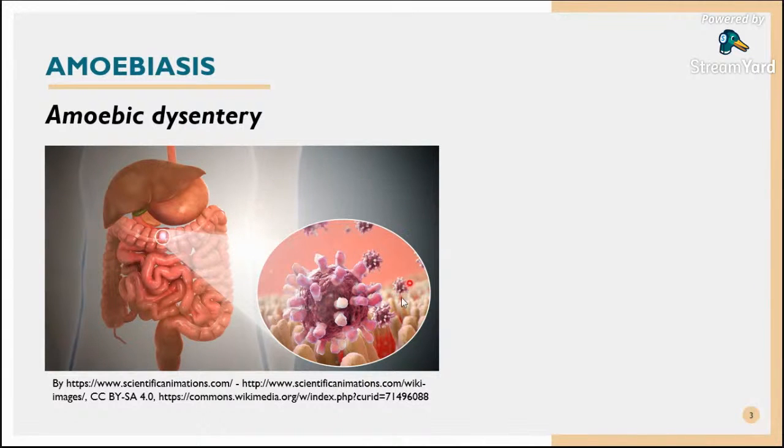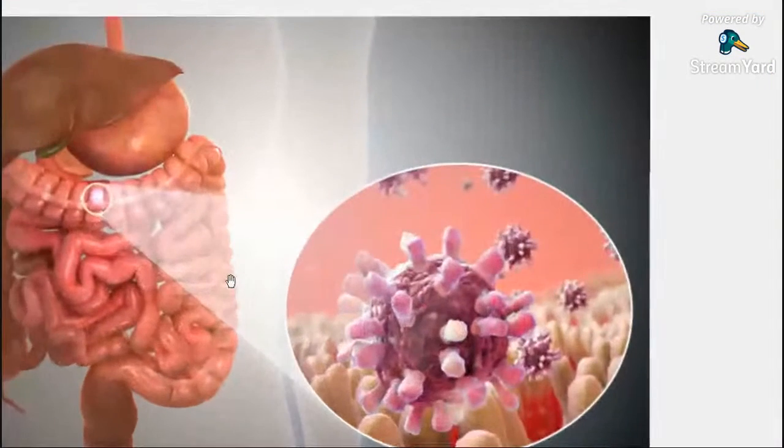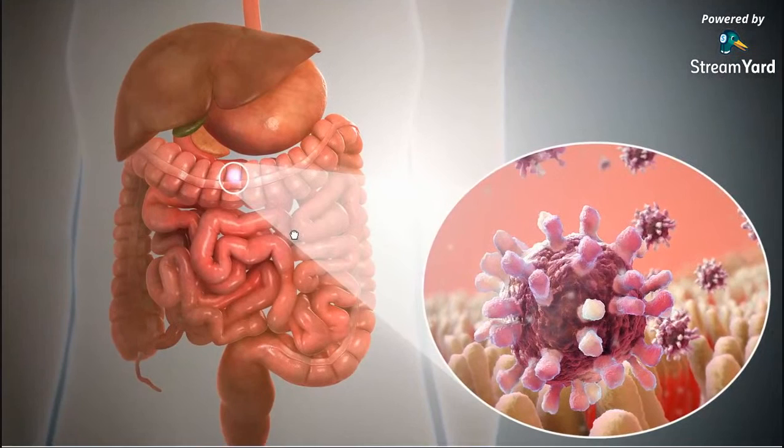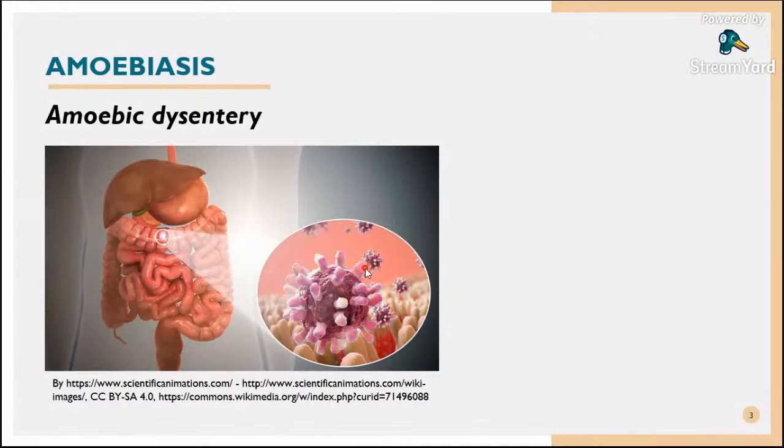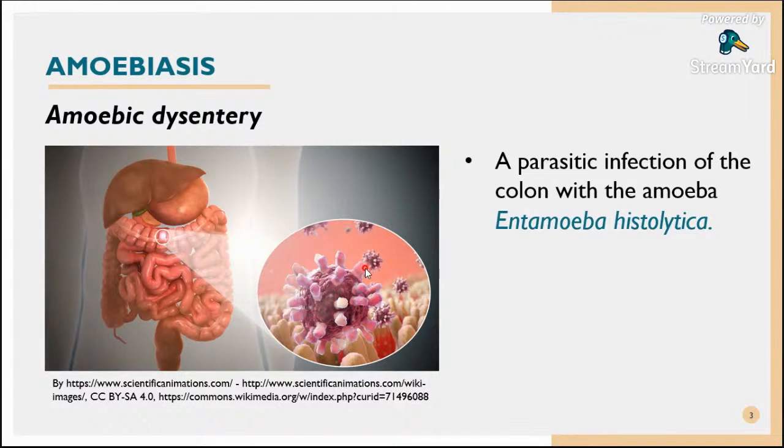If you observe this image, which I have taken for better understanding, here is the large intestine and small intestine, and here is the infection by some parasites. The infection of a parasite present in the intestine is due to amoeba, whose biological name is Entamoeba histolytica.